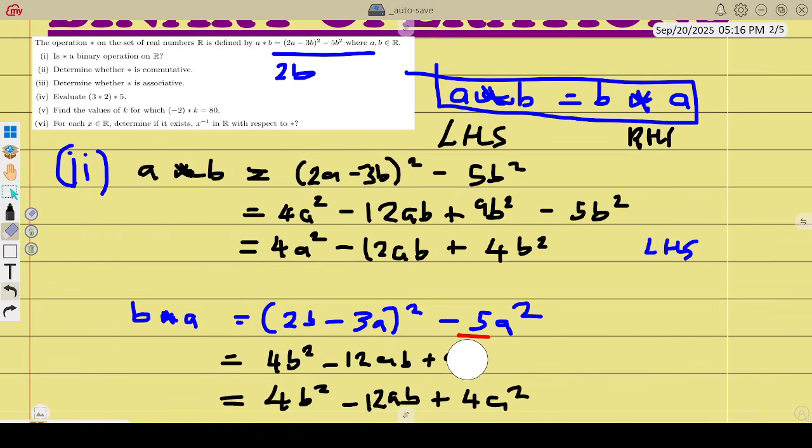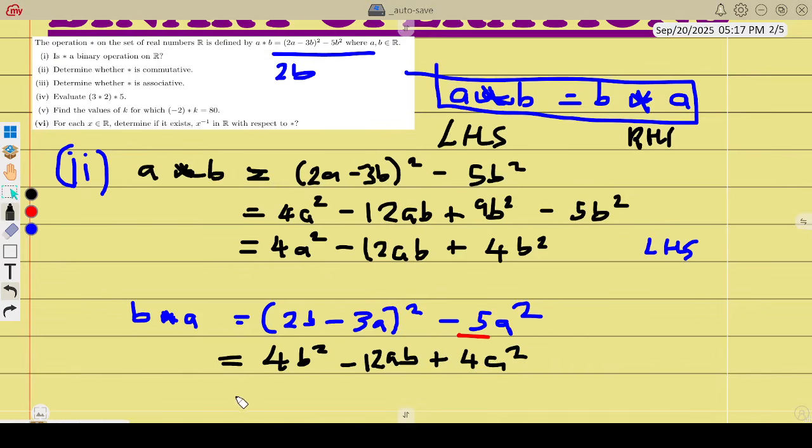Here we can basically just rearrange. Let me move this a little bit higher. We are rearranging in alphabetical order. The term that has A, we write first: 4A squared, minus 12AB, and then we write 4B squared at the far end.